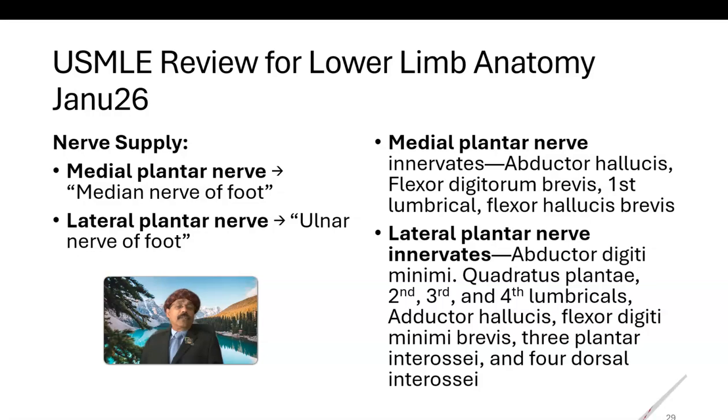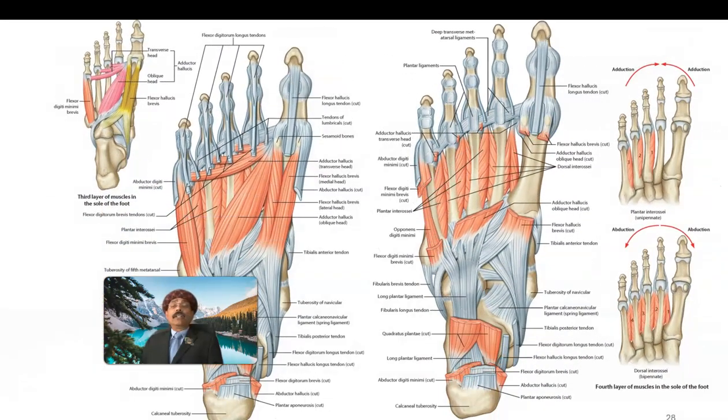So let's go to the muscle origin again. We have to know this third layer of muscle. One of the muscles is the flexor hallucis brevis, and it is linked with two small sesamoid bones, associated with the tendinous insertion of the flexor hallucis brevis.